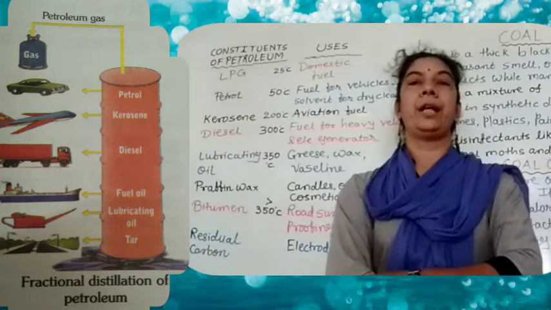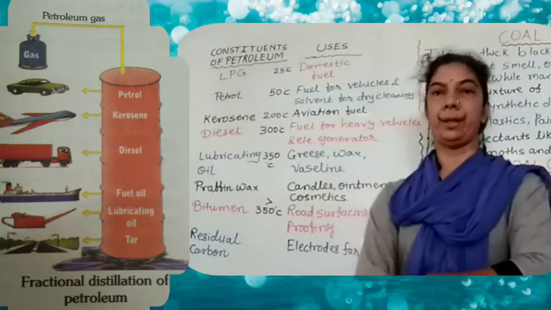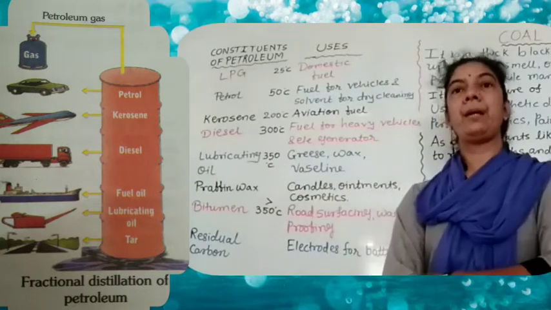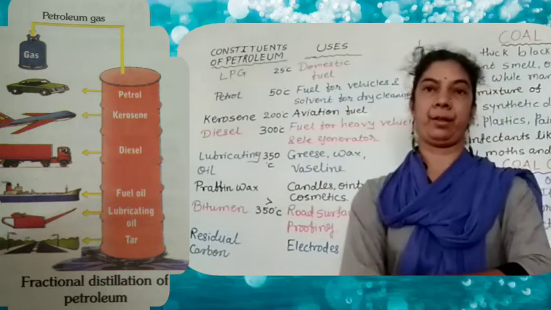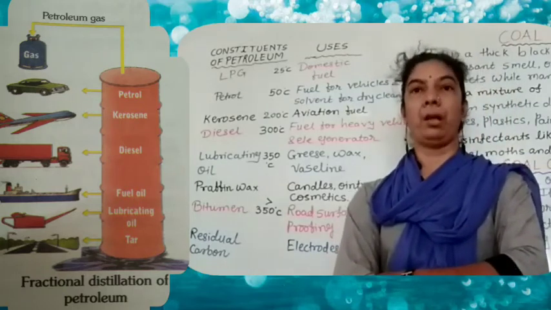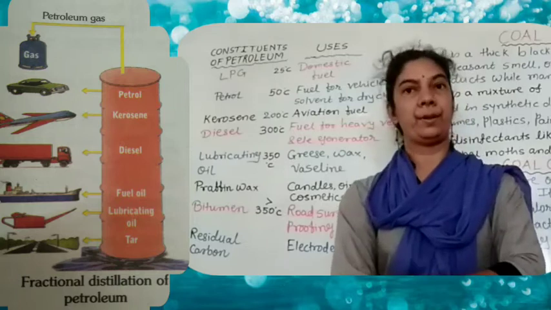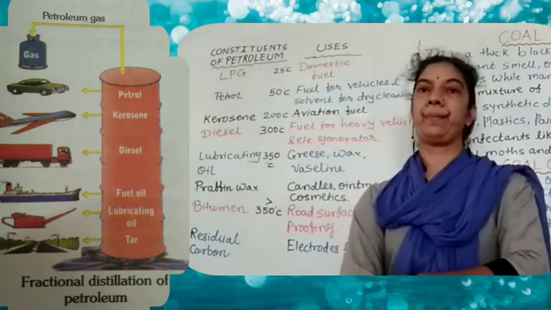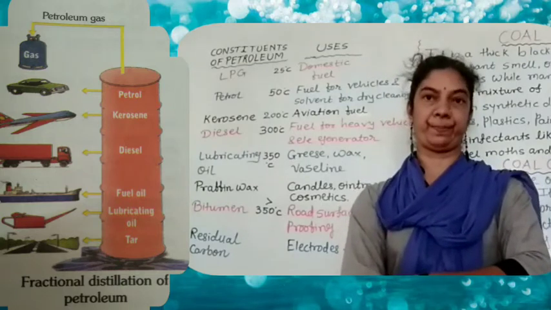For the refining of petroleum, a very high fractionating column, about 60 meters high, is used.